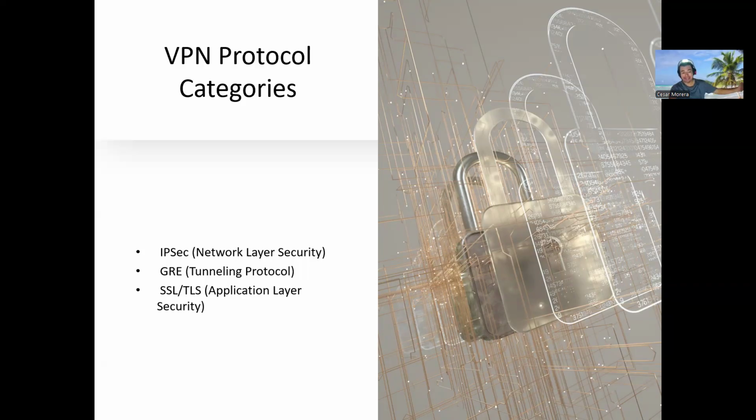What would be an example of a VPN protocol category related to network layer security? That's IPsec. When we are talking about GRE, that is a tunneling protocol. And finally, SSL and TLS, these are basically application layer security.